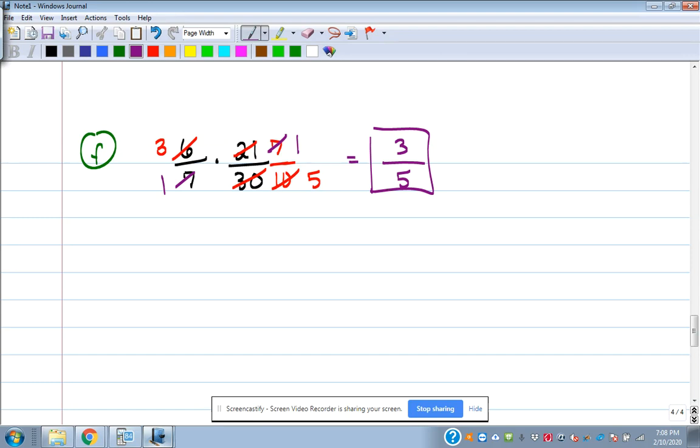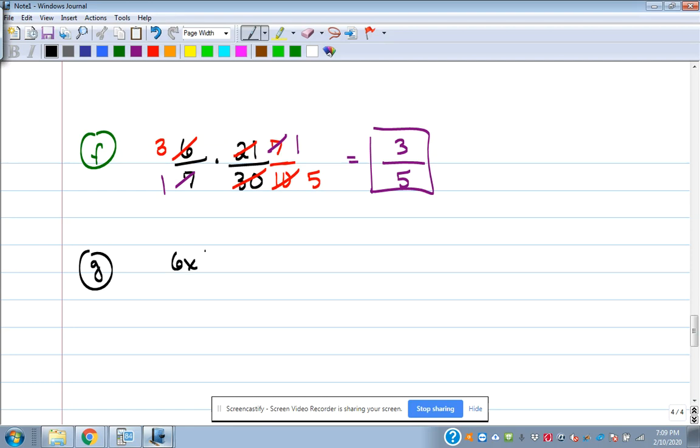A lot easier when it comes to the reducing to do it that way than it would be to say 6 times 21 is 126. And then 7 times 30 is 210, and then have to reduce 126 over 210. That would be difficult. Where that comes into play with polynomials is you definitely would not want to multiply to make a bigger polynomial and then have to factor a bigger polynomial into its smaller parts.